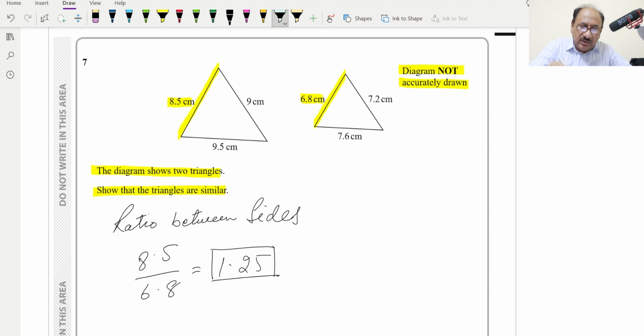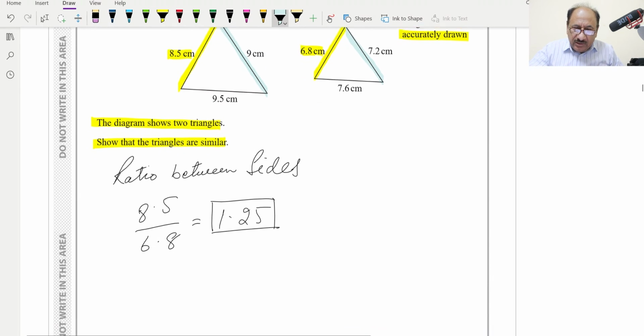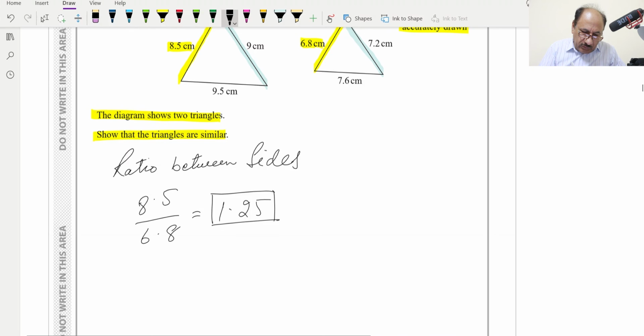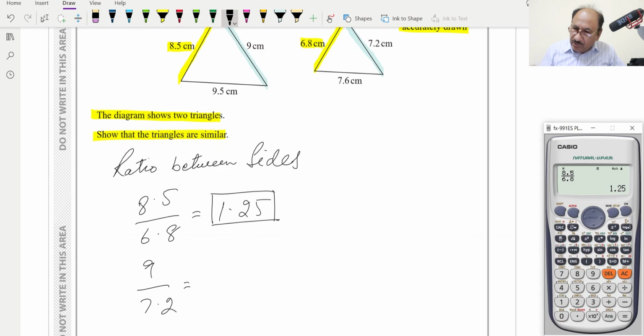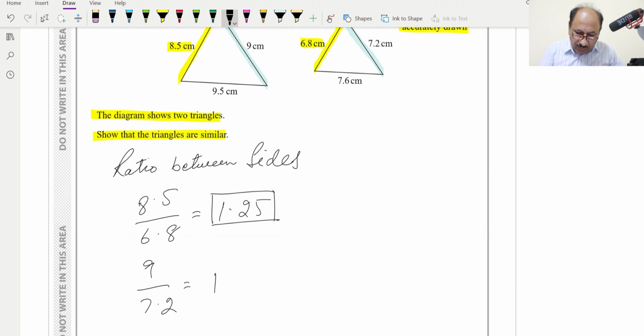We can check the other two sides. We check this side with the corresponding side, which is this one. So it will be 9 divided by 7.2, which is 9 over 7.2 equal to 1.25 again.